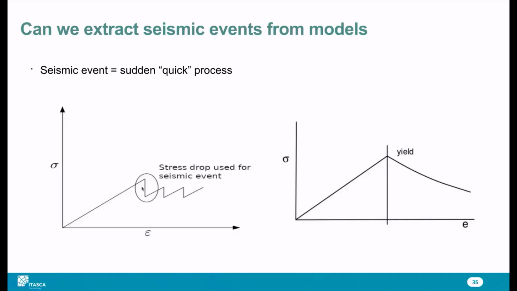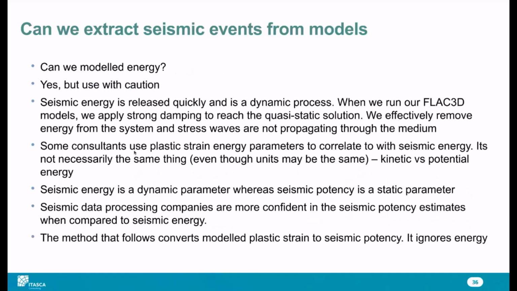So I hope it makes sense. What I'm trying to explain is, if we take all the plastic strain in our model, we're going to get a combination of seismic and aseismic behavior, whereas we really only want to record this brittle behavior, this initial failure.